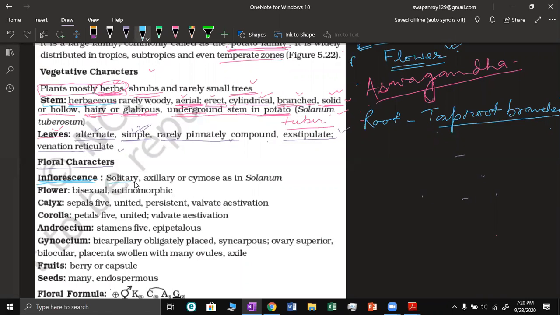It may be solitary, axillary or cymose. Solitary means a single flower.